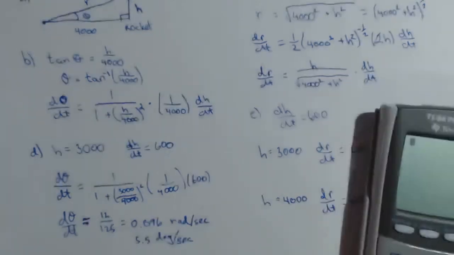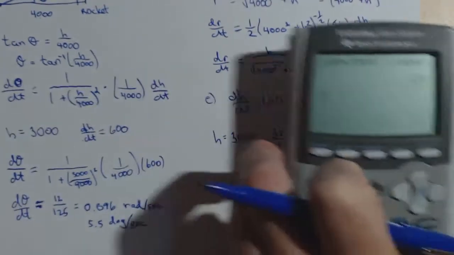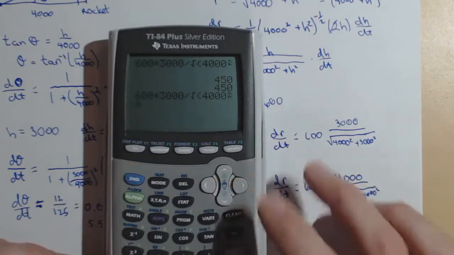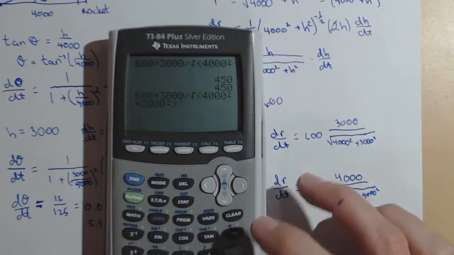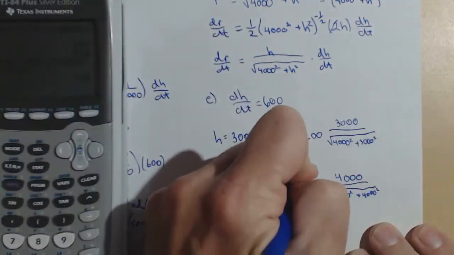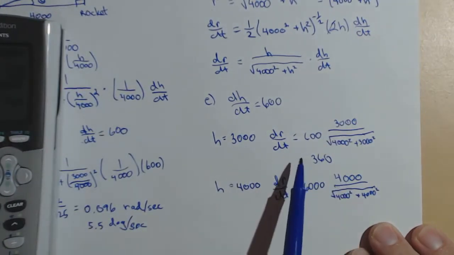So if we calculate this, we have 600 times 3,000 divided by the square root of 4,000 squared plus 3,000 squared. Okay, so we get 360.